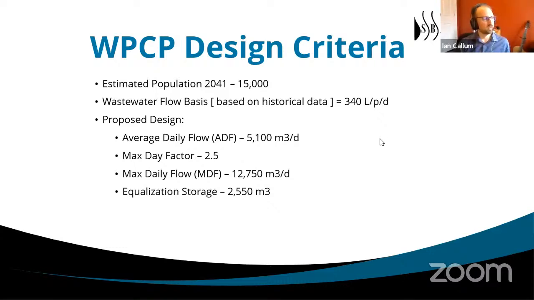And that worked out to us needing an average daily flow at the future water pollution control plant of 5,100 cubic meters per day. And we used a max day factor on top of that of 2.5, giving a maximum daily flow of 12,750 cubic meters. And there needed to also be some equalization storage for high precipitation events. And for that, we used the design criteria of 2,550 cubic meters.